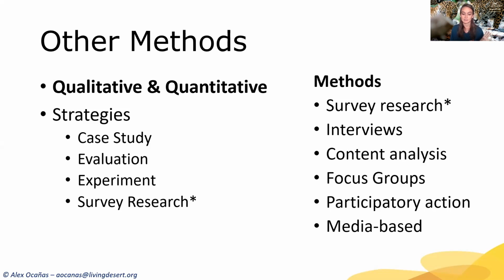So just be aware of that. Basically though, methods are just ways of acquiring information, and the strategies are more like the research design that we employ to collect that information. So we employ this strategy, we use those methods within it.